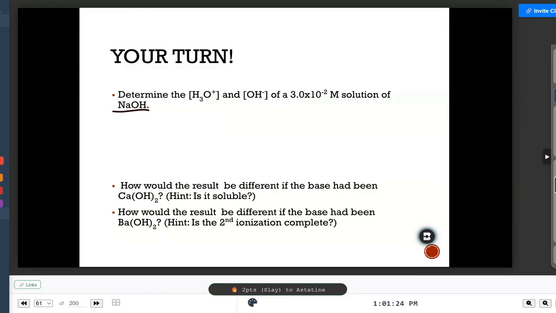And so I know this is going to be completely separating apart, right? Completely ionizing or separating. In this case, it's dissociating because it's an ionic compound. And so I can go ahead and calculate now the hydronium and hydroxide concentrations using this information. See if you can do it. So with NaOH, strong base.